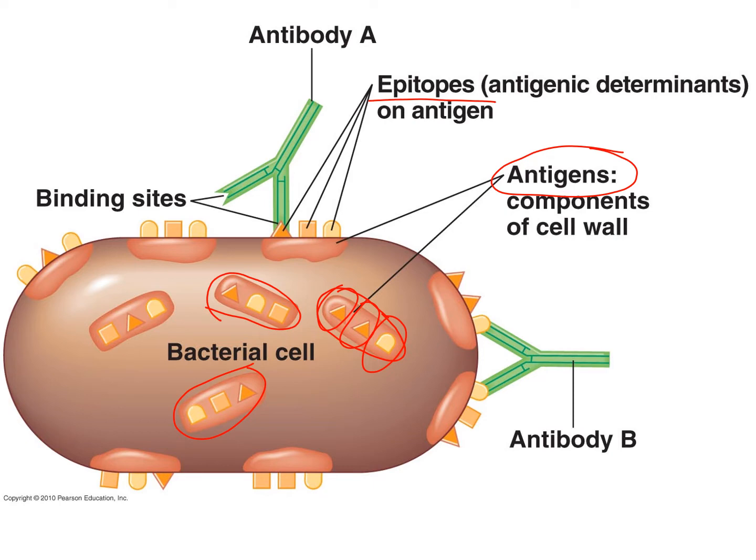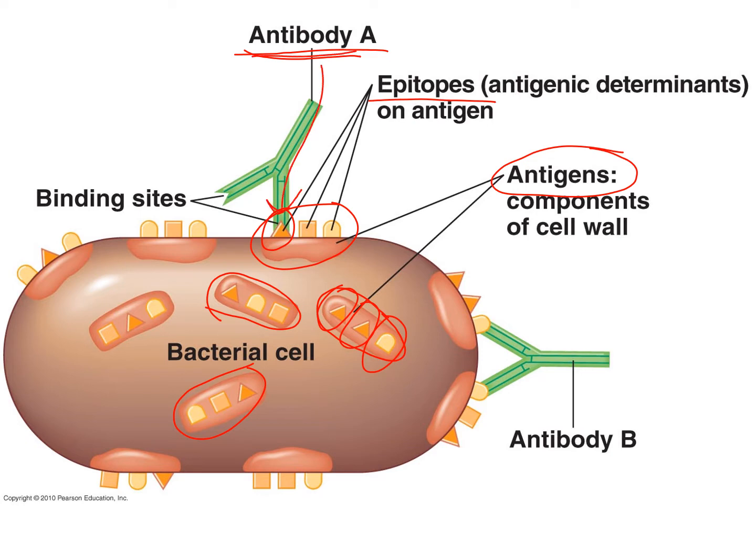The antibody recognizes one epitope on the antigen of the microbe. And antibodies are proteins, so if you remember learning about proteins, proteins are highly specific. So every antibody recognizes only one epitope.